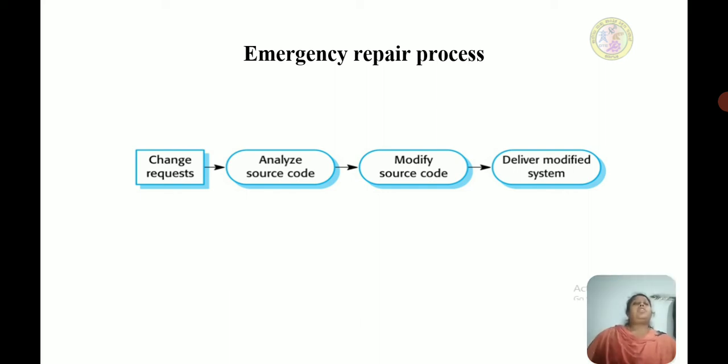Yes, these are the changes I want to make at this particular step. Then I can modify the existing source code. After modification, if it is working properly, we deliver the modified system and produce the new product. This is how the system is repaired, tested and executed, and comes out as the new software product.